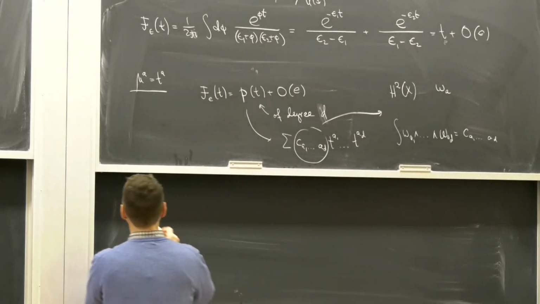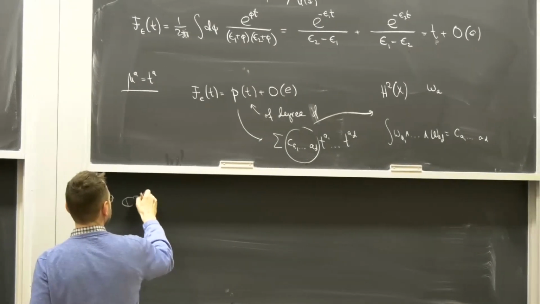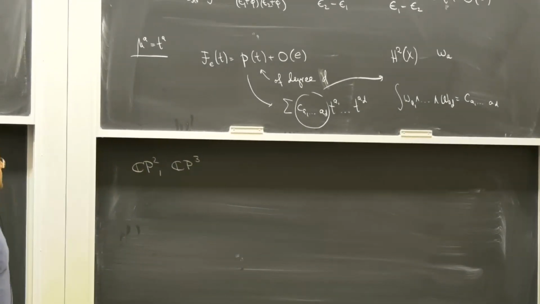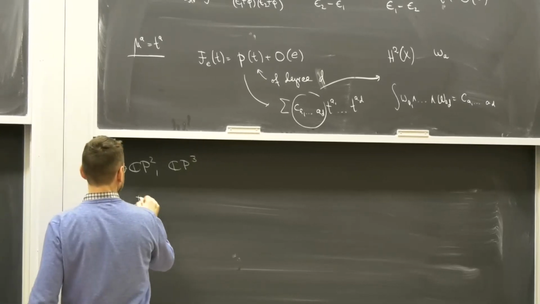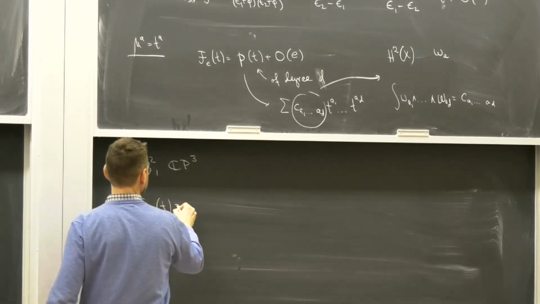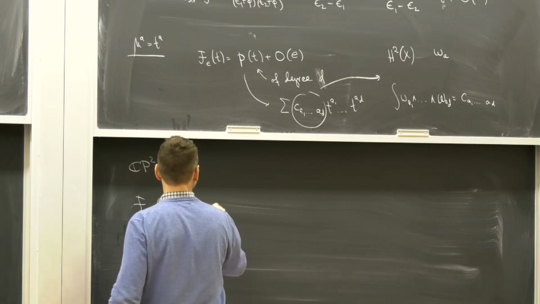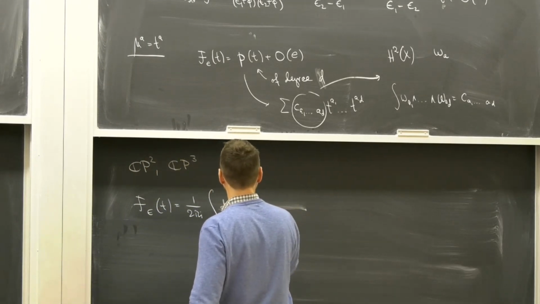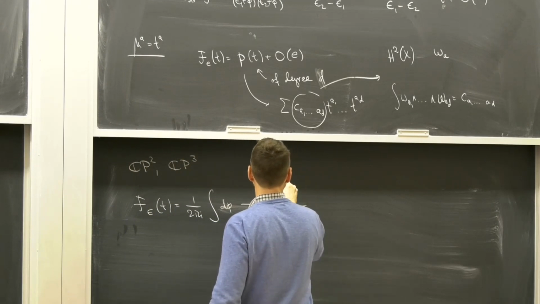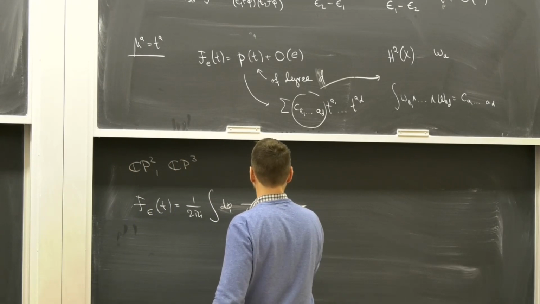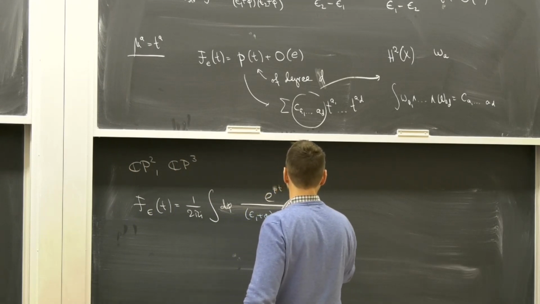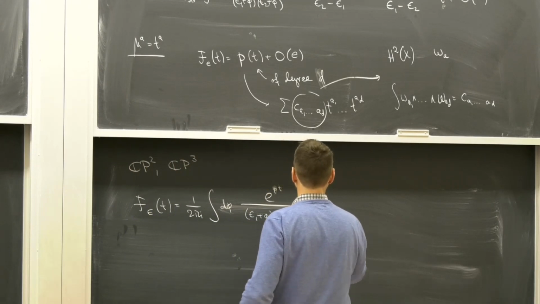Do the example of CP2 or CP3. So the example of CP2 would be this: the integral d phi, e to the phi t, and then you would have 1 over (epsilon_1 plus phi)(epsilon_2 plus phi)(epsilon_3 plus phi).